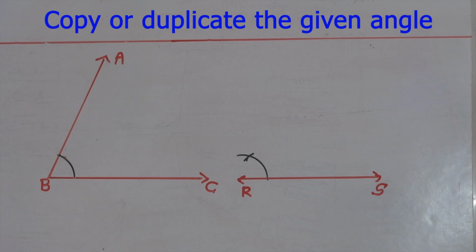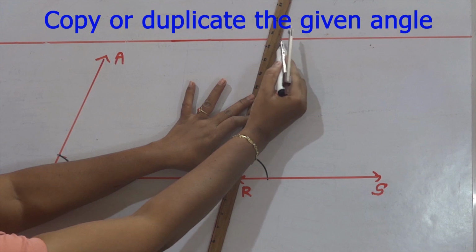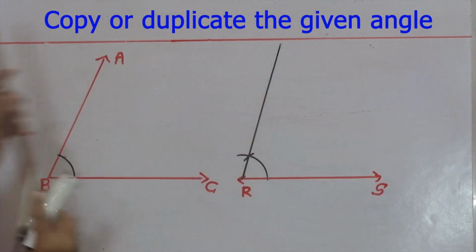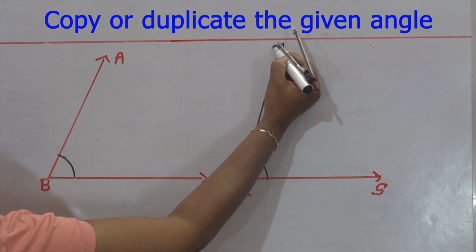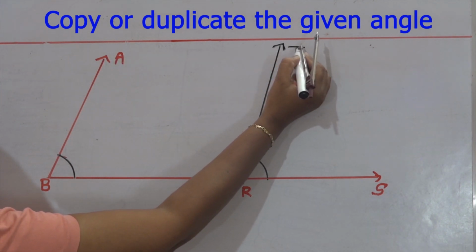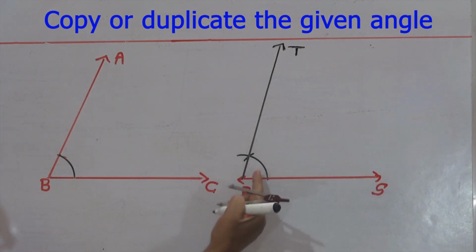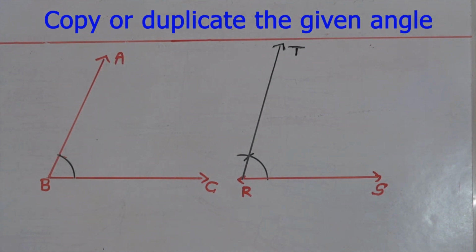Now our work is to draw a line passing through this point of intersection of two arcs. Now let me draw a line here. Let us name this point as T. Now angle TRS is the angle created at point R, copied from the angle created at B.